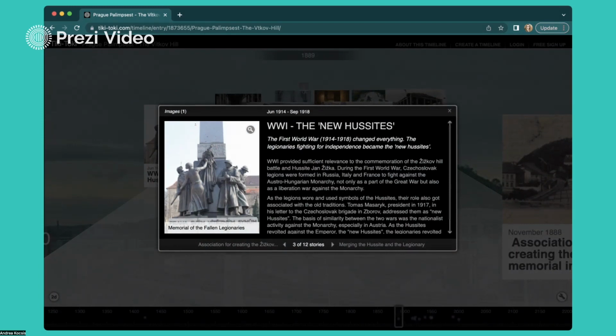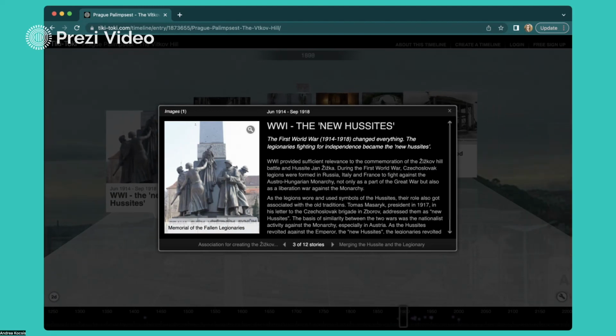Tomáš Masaryk, the later president, himself called these troops the new Hussites because there was a memorial similarity between them. The way the Hussites fought against the emperor, the legionaries fought against the monarchy, which created a basis for drawing parallels between the two memories.